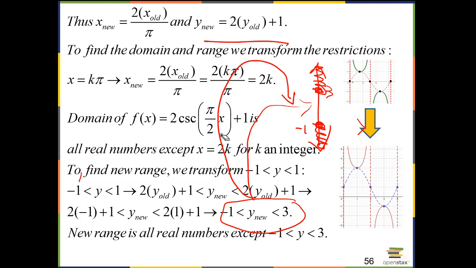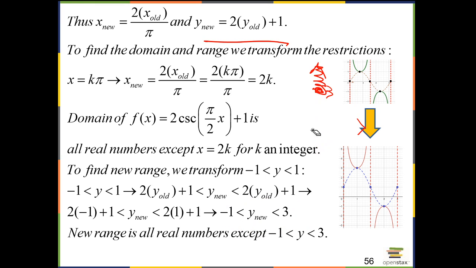All right, so that's how we find the domain and range of cosecant and secant. In fact, you could do that for any of them. If somebody asks you, let's say this is sine, and you want to find its domain and range, you do the same thing. Take the domain and range of sine and transform it.